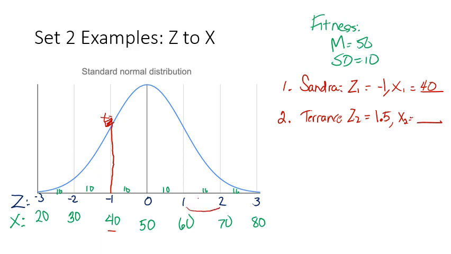We can go upwards to draw in where Terrence's score would be. And so we have Z2. And if we draw this line going downward, we know that it's going to be the number midway between 60 and 70, which would be 65. And so we know that his score is going to be 65.